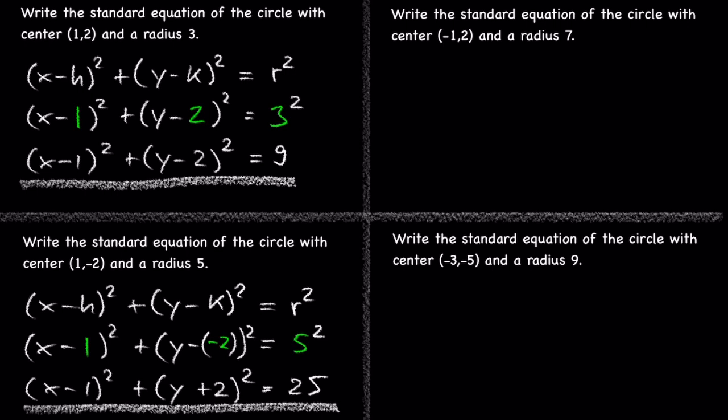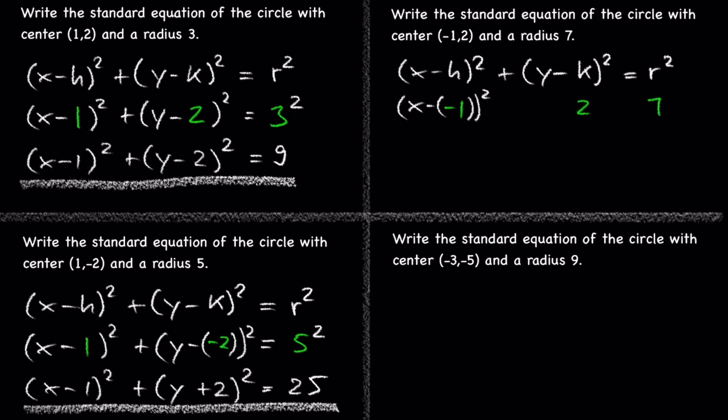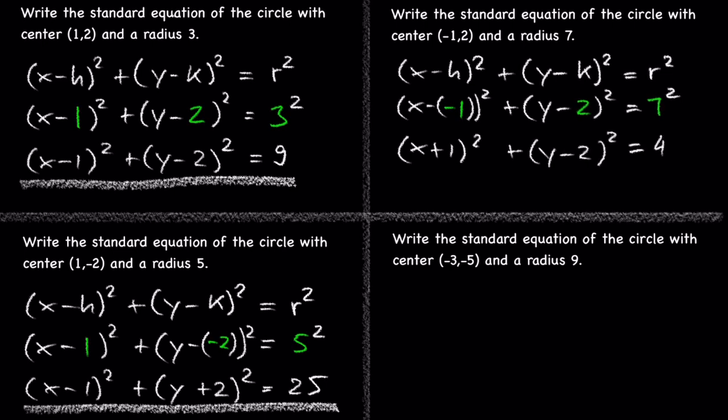The standard equation of a circle is (x minus h) squared plus (y minus k) squared equals r squared. h is -1, k is 2 and r is 7. x minus -1 is x plus 1. And 7 squared is 49.